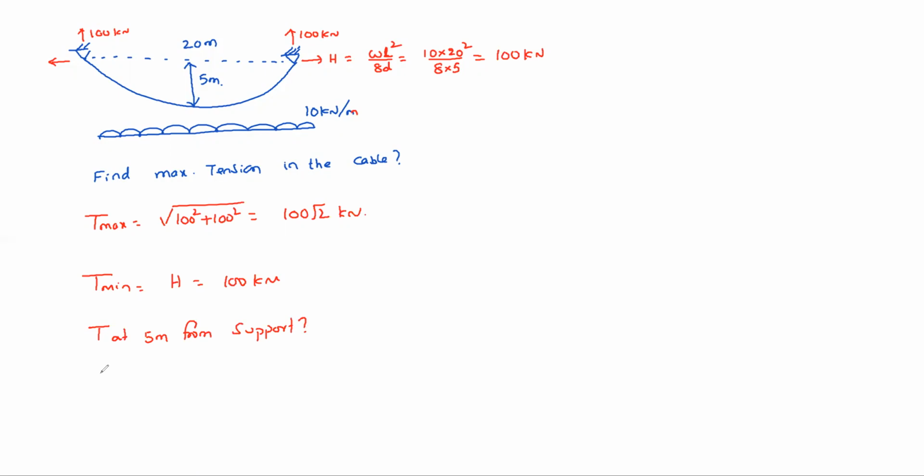So you know dy by dx, y formula: y equals 4d by L square, x into L minus x. 4 into d is 5, L square 20 square, x into 20 minus x.